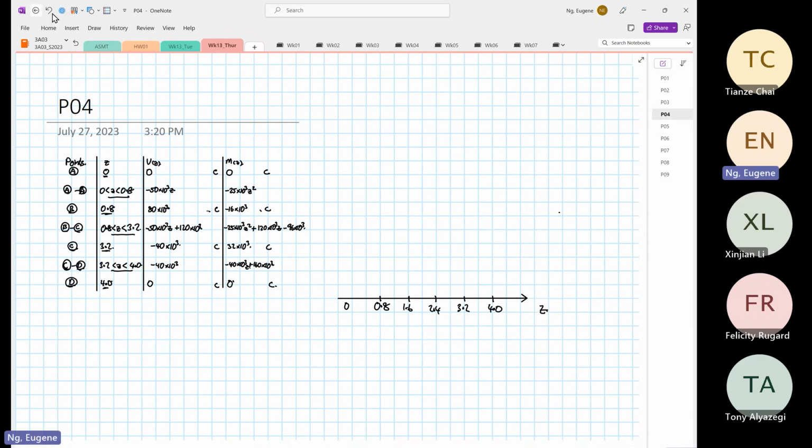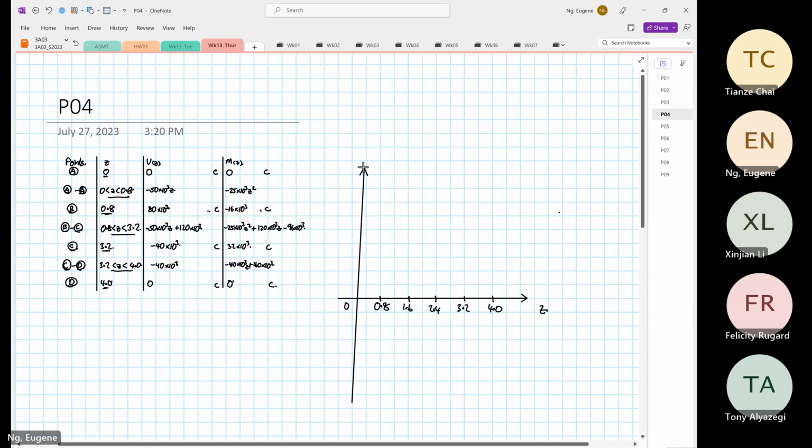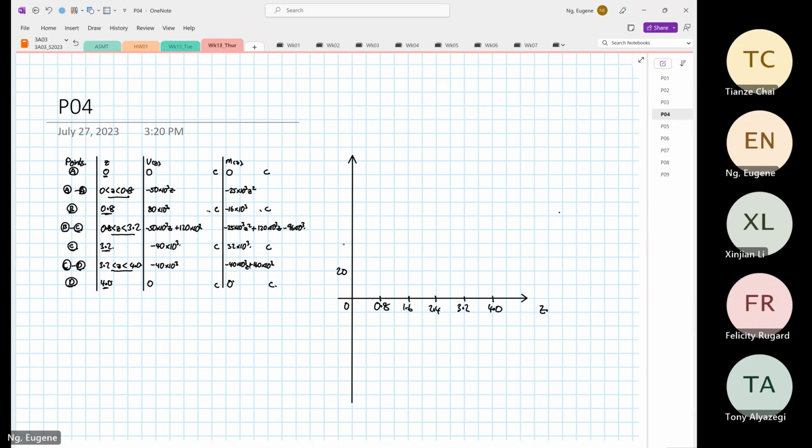Then we're going to draw our shear force. So we are going to range from 20, 40, 60, 80, minus 20, minus 40, minus 60. Okay, and this is our V, our shear force, and it is times 10 to the power 3 Newton.